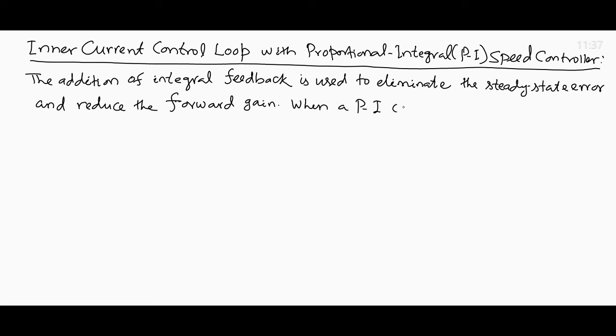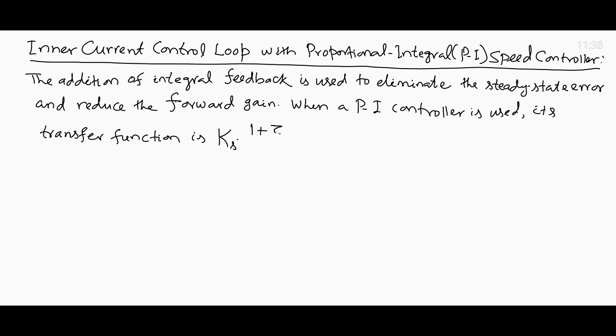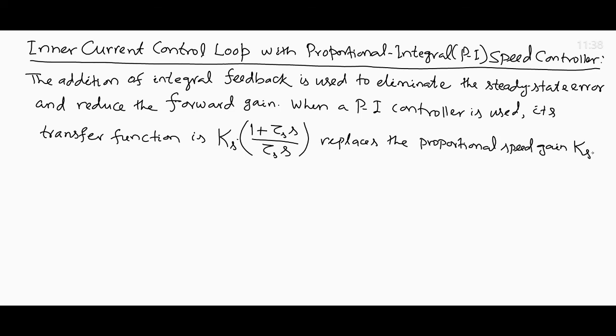So when a PI controller is used, its transfer function is Ks times 1 plus tau S by tau S. This transfer function replaces the proportional gain Ks. So with this, the overall transfer function we can write.